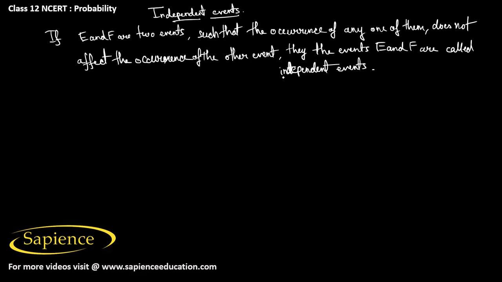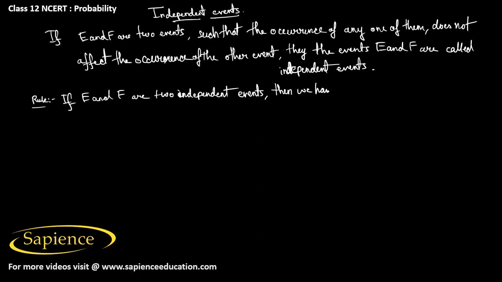Okay. So the rule is that if E and F are two independent events, then we have that the probability of happening of the event F, given that the event E has happened, is equal to the probability of the event F, provided that the probability of E is not equal to 0.